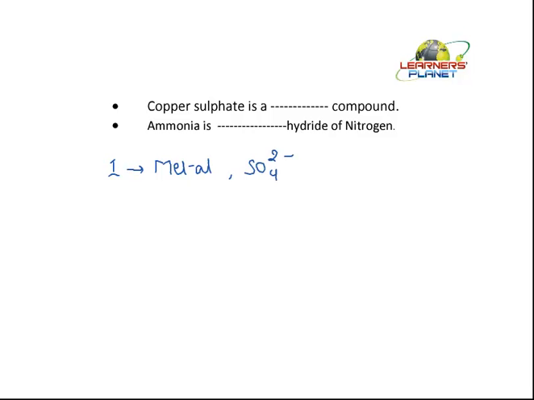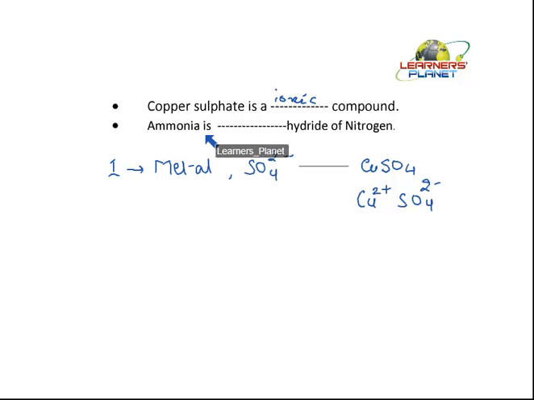The formula of copper sulfate would be CuSO4, in which copper is present as Cu2+ and SO4 is 2-. So what type of compound would it be? It would be an ionic compound.